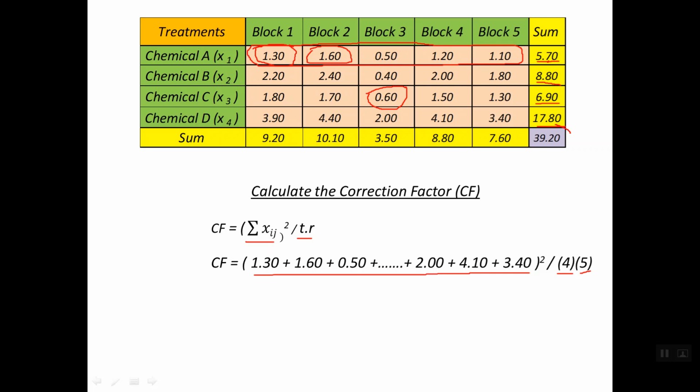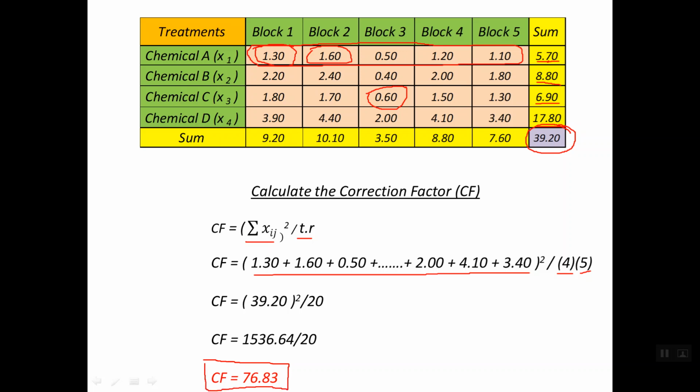Notice that the total of the observations has been calculated, so it's 39.20. So we square the 39.20 divided by 20. So simply we can get the value of the correction factor, which is equal to 76.83. We need this value of the correction factor in order to calculate the SS.